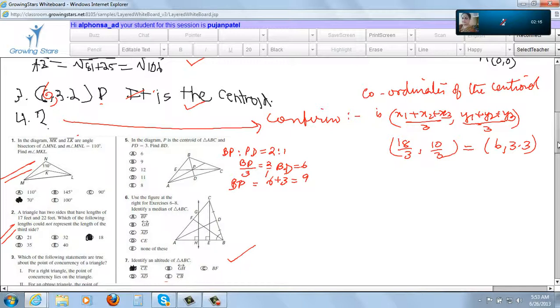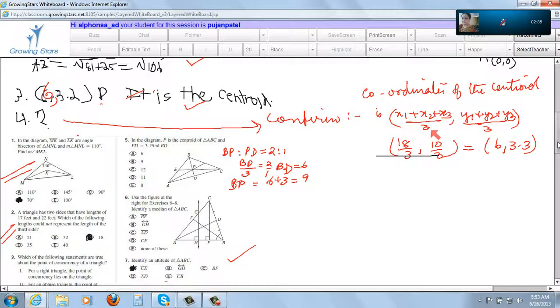Now, if the three vertices are known, we can always find the centroid by just taking the average of the x coordinates and the y coordinates. Look at what I've written over here. The coordinates of the centroid will be x1 plus x2 plus x3 divided by 3.